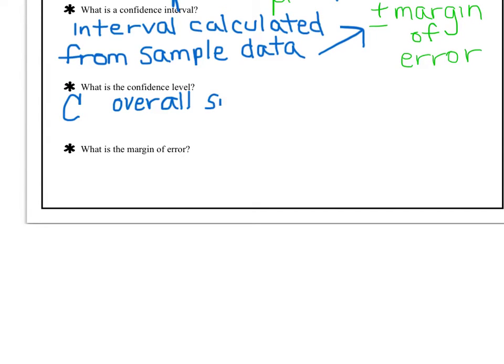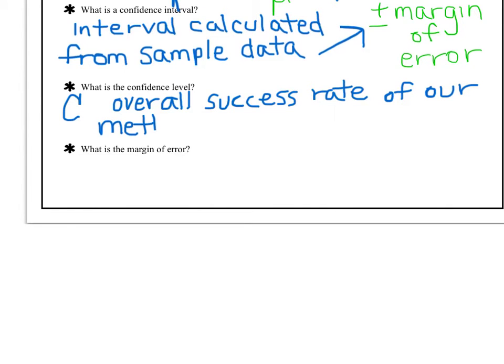It's the overall success rate of our method for calculating the confidence interval.